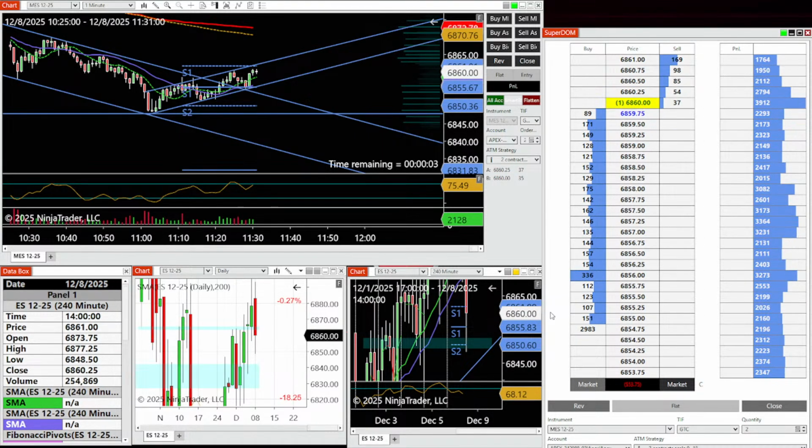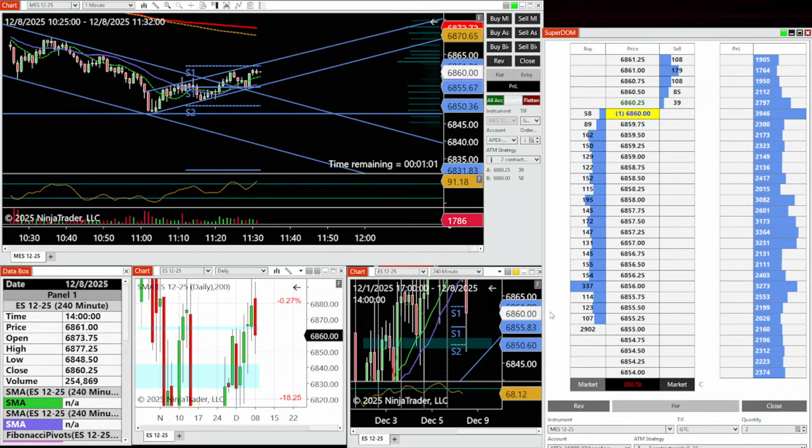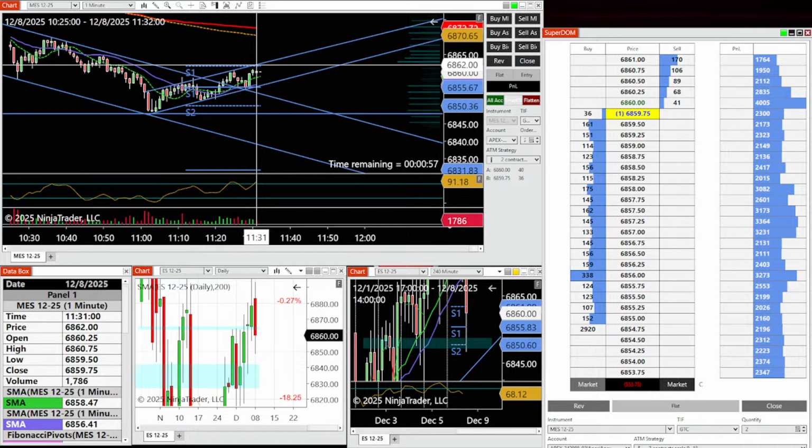Yeah. We got this trend line and support level.